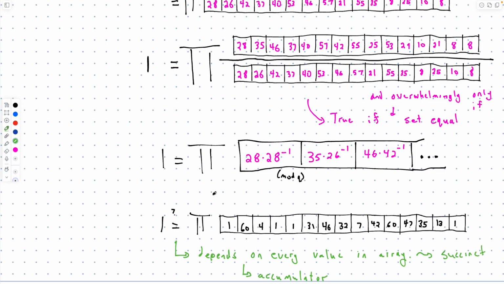Now just conceptually, let's say I'm trying to figure out whether this array equals 1 or not. Do I have to look at the number 42 to know whether that's true or not? I do. If 42 was a 43, would it be true anymore?